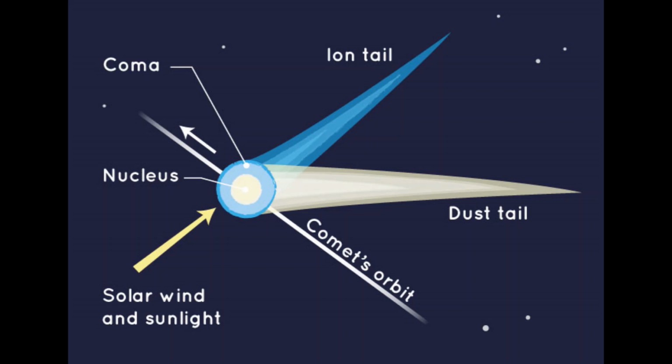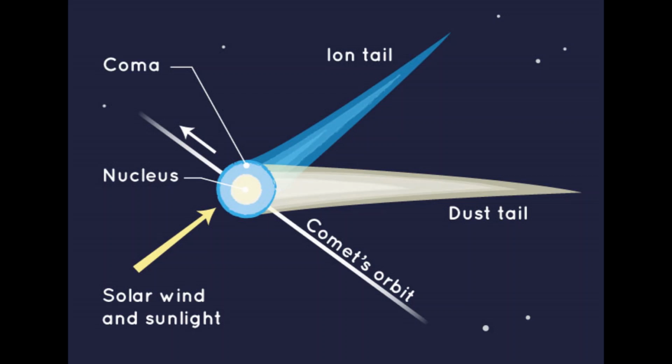The ion tail is mostly blue in color, while the dust tail is yellow. The ion or gas tail points directly away from the sun, while the dust tail also points away from the sun but has a little bit of curvature.